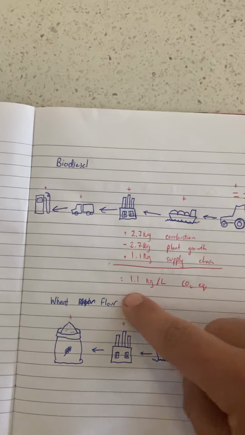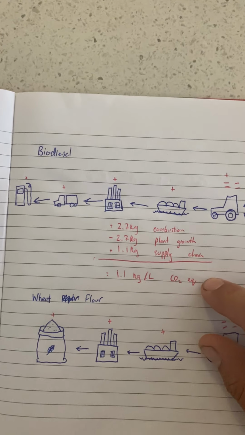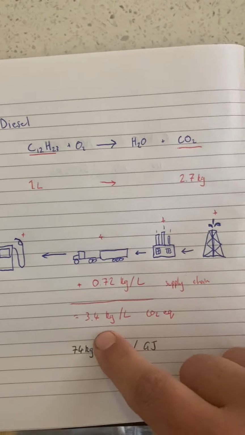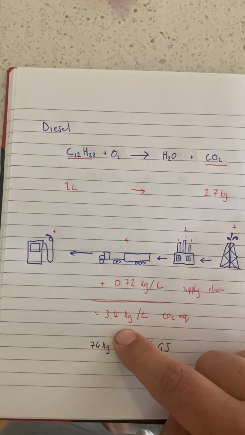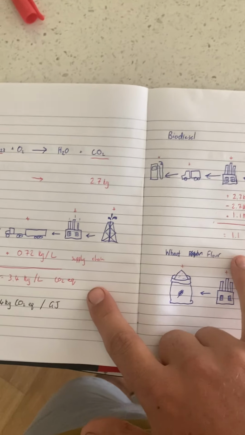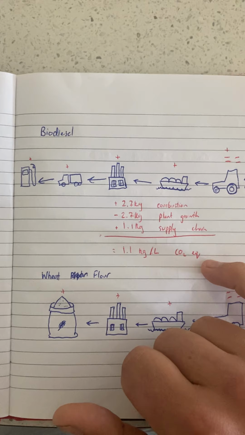So overall, we end up with 1.1 kilos a litre. This is on average, I'm just generalising here, of carbon dioxide equivalent compared to mineral diesel, which is 3.4. So both products emit, currently the way they're done, but biodiesel is obviously lower emissions.